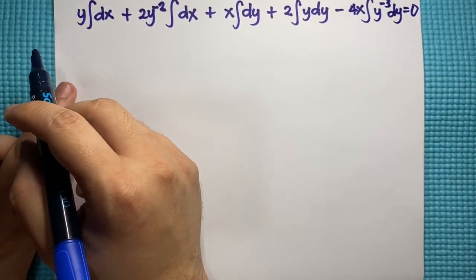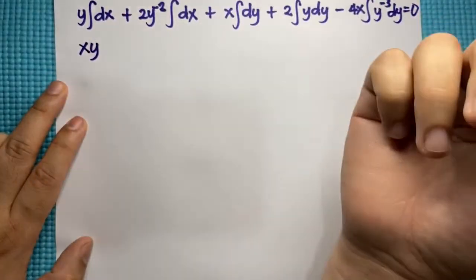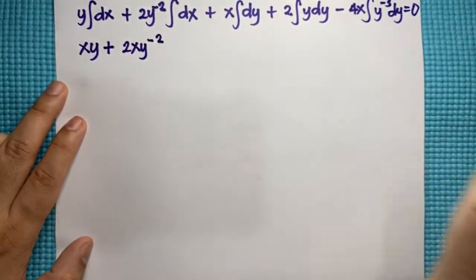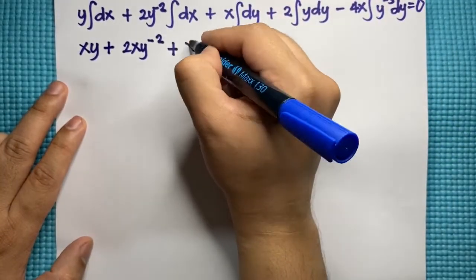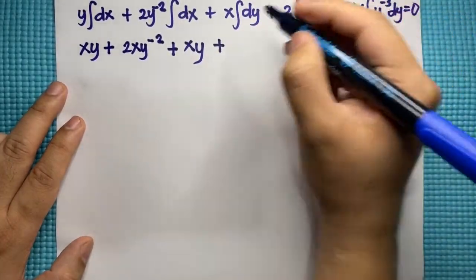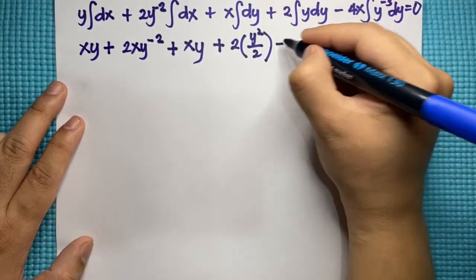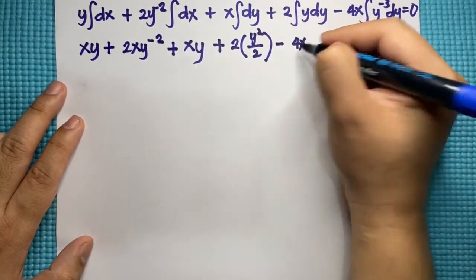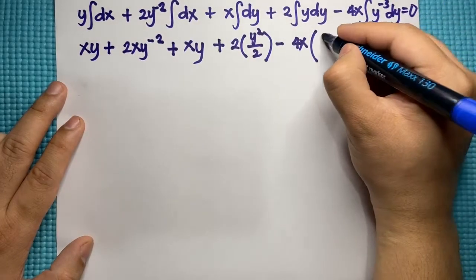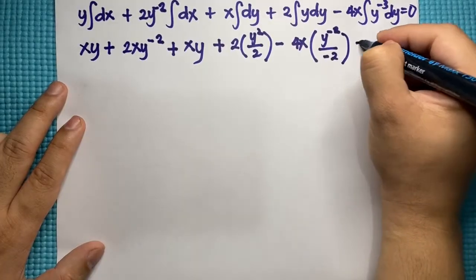Integrating the transformed equation yields xy, and then plus 2xy raised to negative 2, then plus x, the integral of dy is y, and then plus 2 multiplied with y squared all over 2, and minus 4x times the integral of y to the negative 3, which is y raised to negative 2 all over negative 2, and that is equal to c.